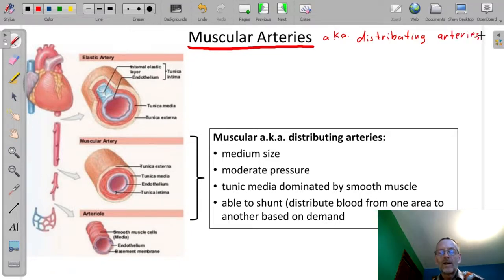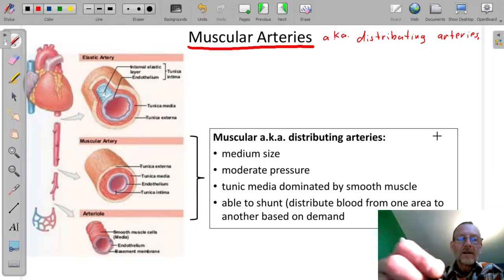And they are what allow varying amounts of blood to be distributed around the body. The blood flow throughout the body is not constant. It varies. If you are exercising skeletal muscles, for example, you will divert more blood to the skeletal muscles. If you just had a large meal, you will divert more blood to the gastrointestinal system for digestion.